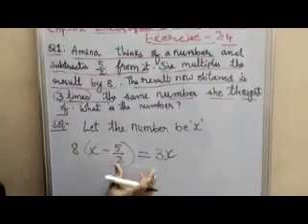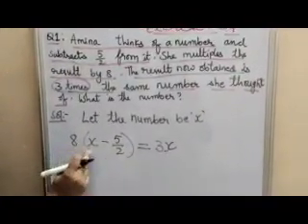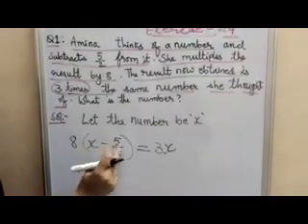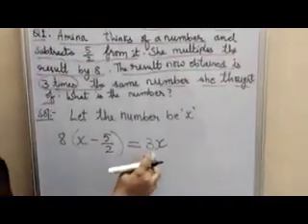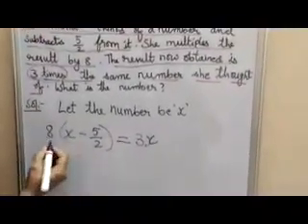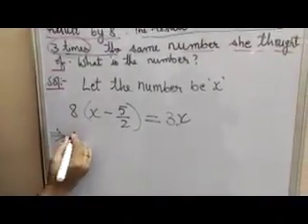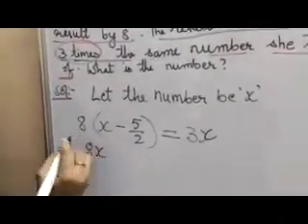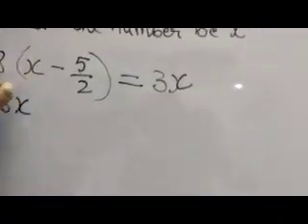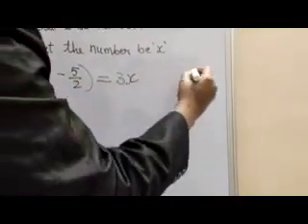Simplify the equation. Left hand side we have 8 into x minus 5 upon 2, equal to 3x at the right hand side. 8 into x is 8x. Plus into minus, minus 8 into 5 upon 2.